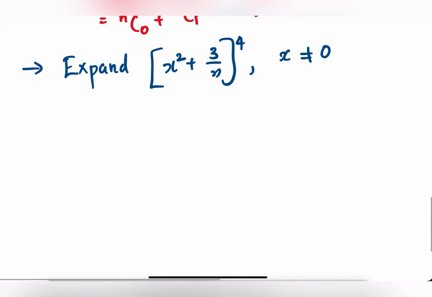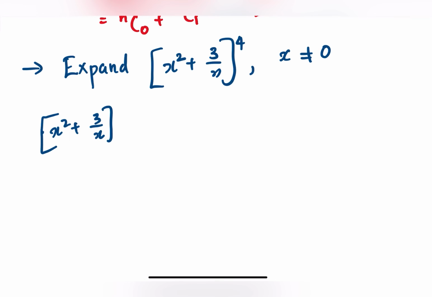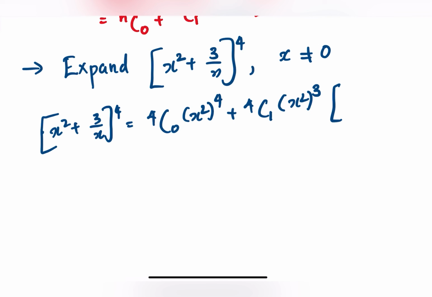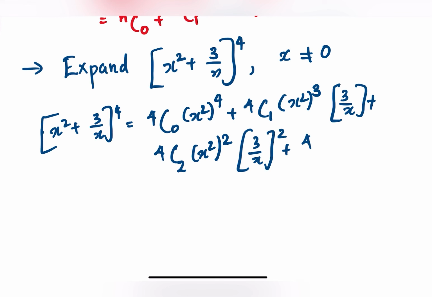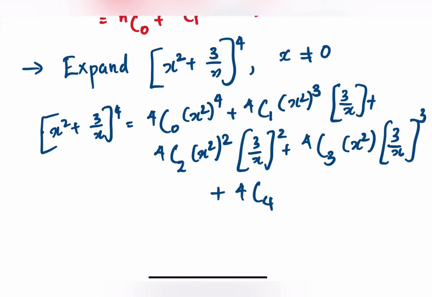So using binomial theorem, the expansion can be written as 4C0 (x^2)^4 + 4C1 (x^2)^3 (3/x) + 4C2 (x^2)^2 (3/x)^2 + 4C3 (x^2)(3/x)^3 + 4C4 (3/x)^4.